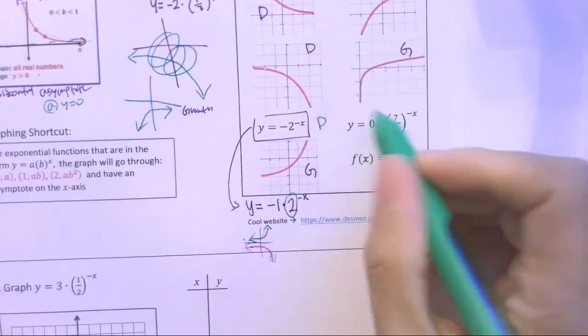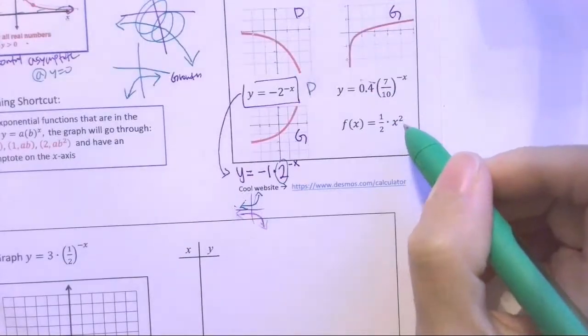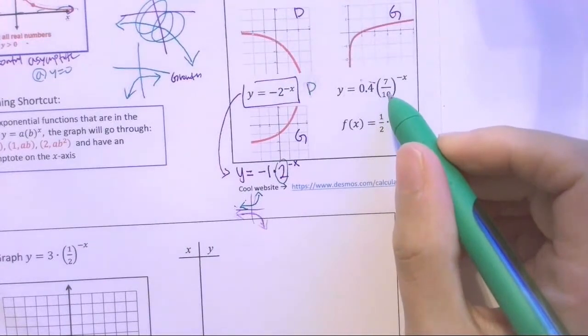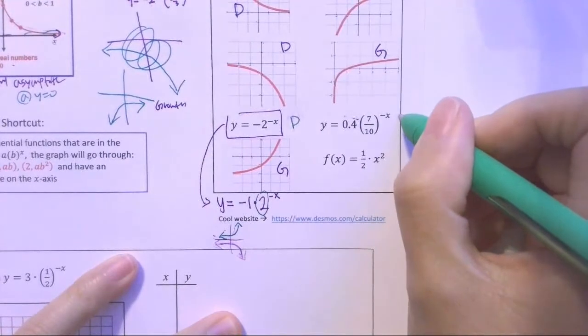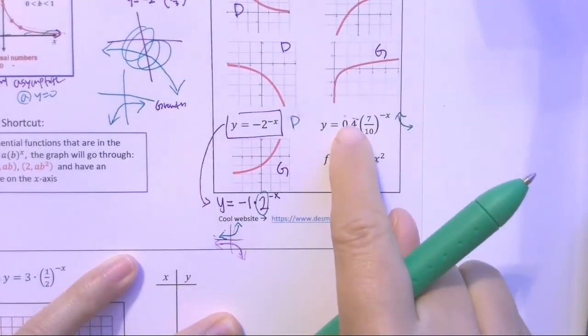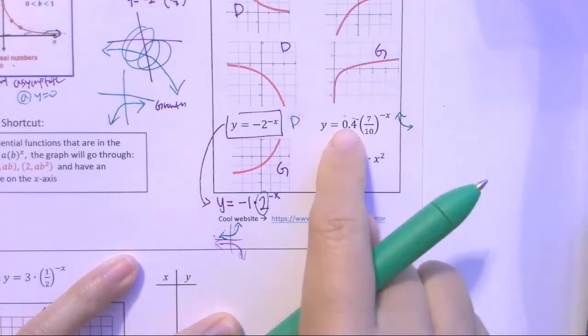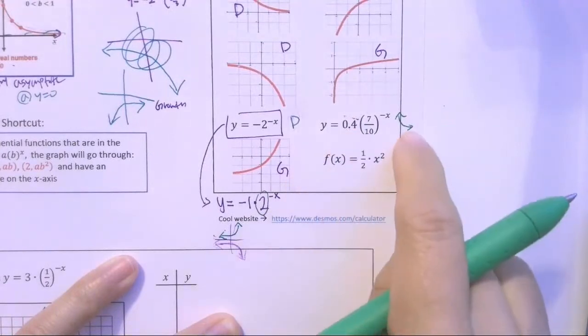So next, this one. What is my base? 7 over 10. So that's going to be what? Less than 1. So I'm going to start with the exponential decay. That looks like this. And then, look what happened. A value, is that positive or negative? 0.4 is positive, so I don't have any reflection.